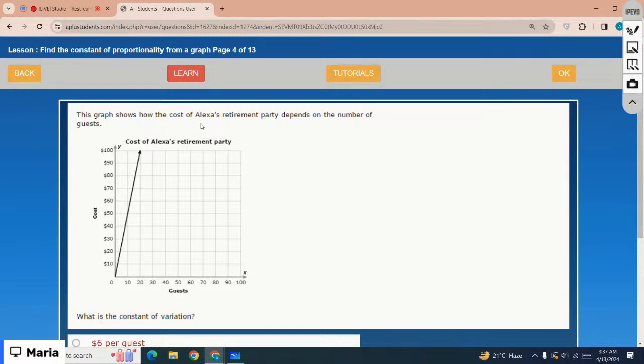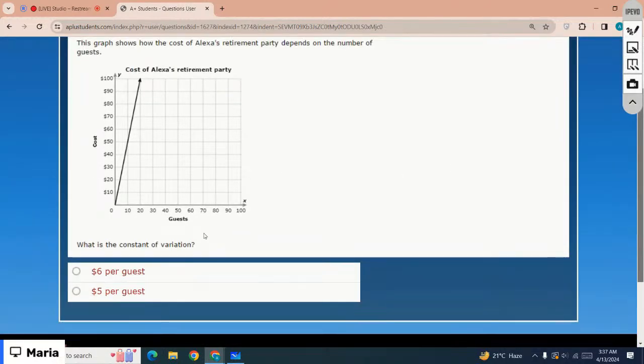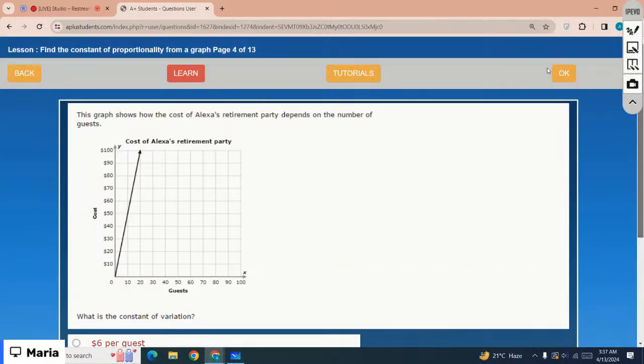That is 6. The correct option is $6 per guest. The correct option is $5 per guest it is.